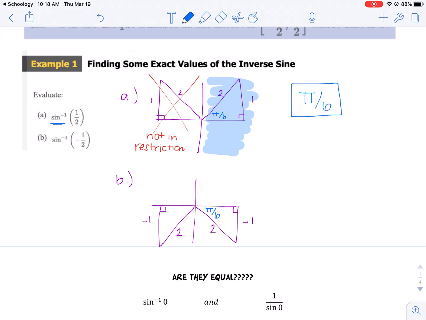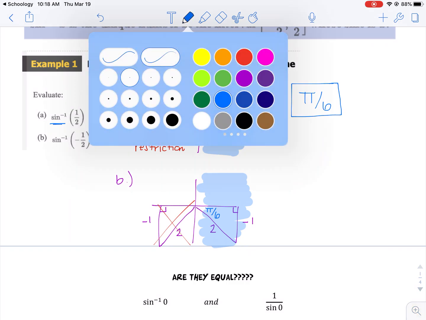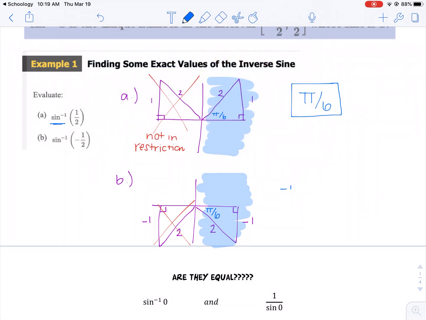But I need to realize this is sine inverse, so inverse is only between negative pi halves and pi halves. So this one, just like before, is not in the restriction. So all I care about is this angle. Now we have to be aware, this is going to be negative pi over 6.